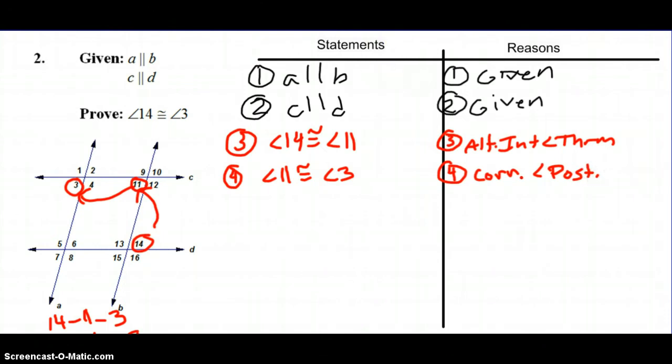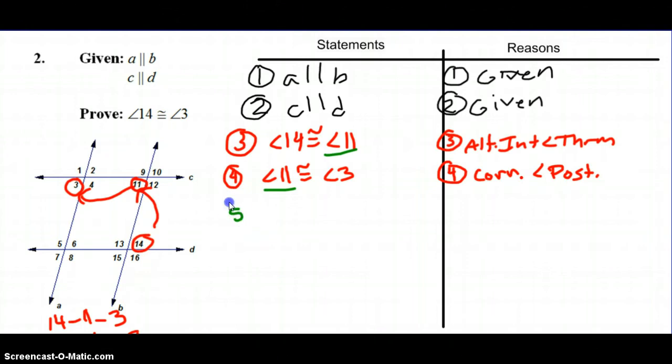Now, going back to the key question we've always dealt with in terms of proofs: is anything the same? I can see that my statements 3 and 4 both have an angle 11, and I know angle 14 is congruent to 11, but 11 is also congruent to 3.